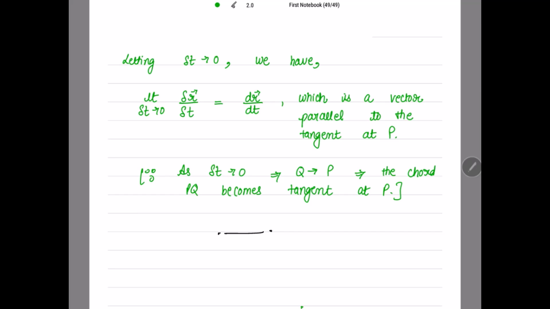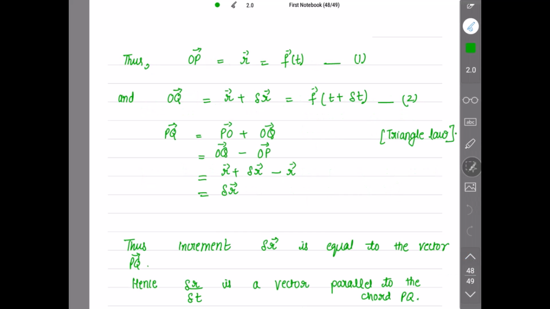So you have to remember that if we are talking about the slight change in delta r with respect to the slight change in delta t, then this is a vector parallel to the chord PQ.